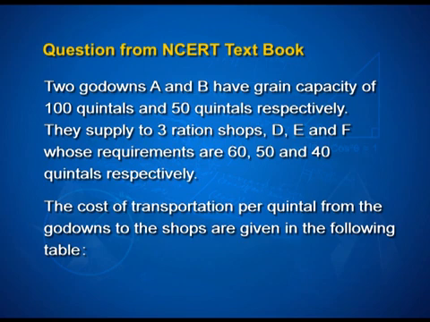It says that two godowns A and B have grain capacity of 100 quintals and 50 quintals respectively. They supply to 3 ration shops D, E and F whose requirements are 60, 50 and 40 quintals respectively. The cost of transportation per quintal from the godowns to the shops are given in the following table.